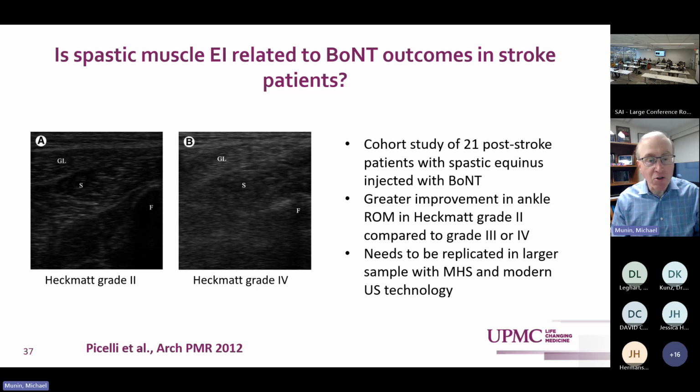He used some older technology as well. So this study is really interesting, but it probably needs to be replicated in a larger sample using the modified Heckman scale, probably using more modern ultrasound technology. You can see the images on the left of the screen, not as clean and crisp as current technology would show.